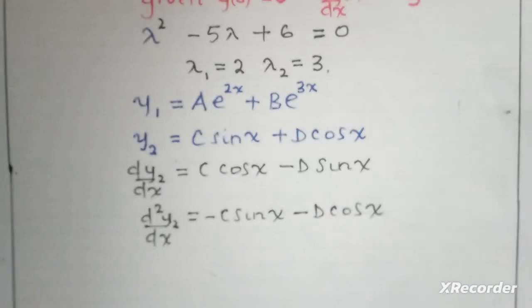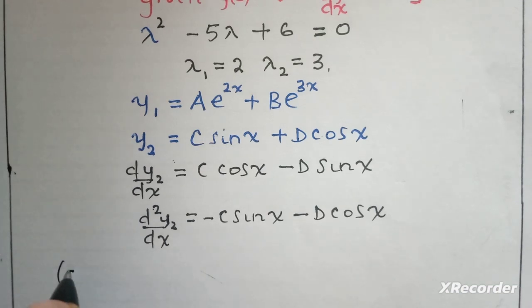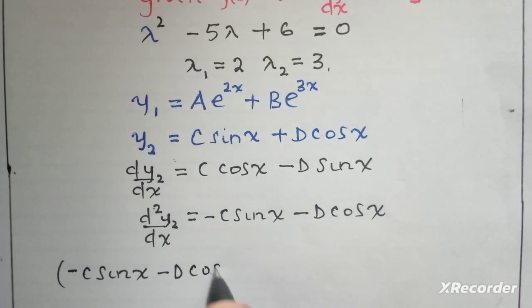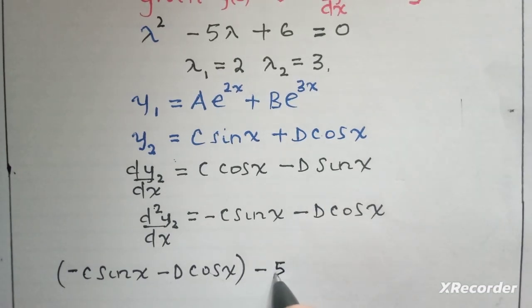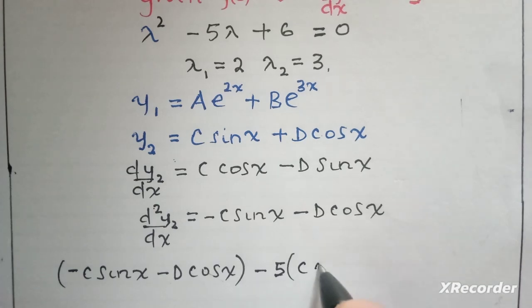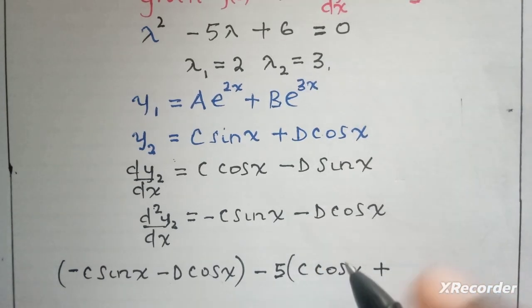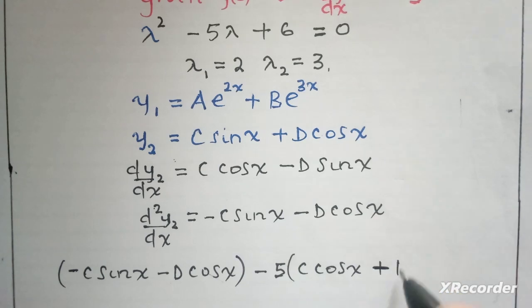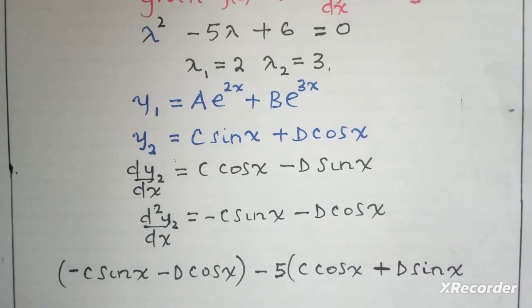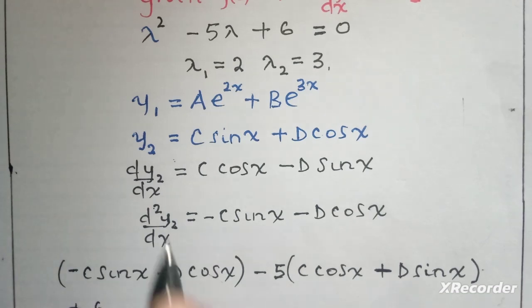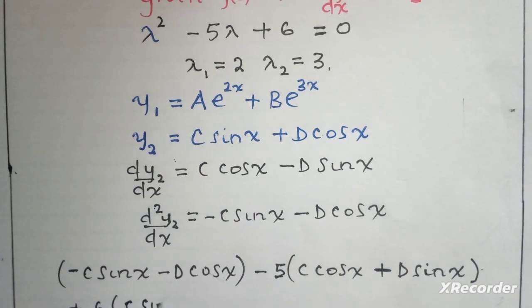That is negative c sine x minus d cos x, minus 5 times c cos x minus d sine x, plus 6 times c sine x plus d cos x.